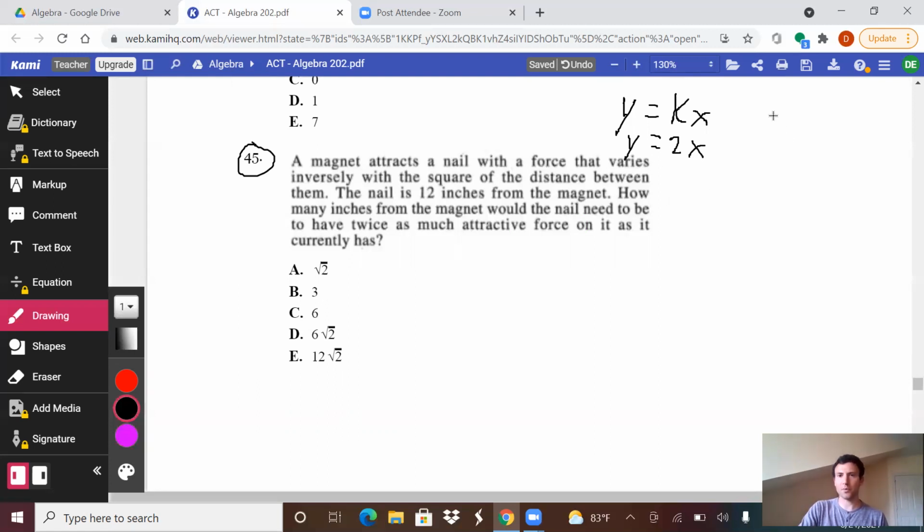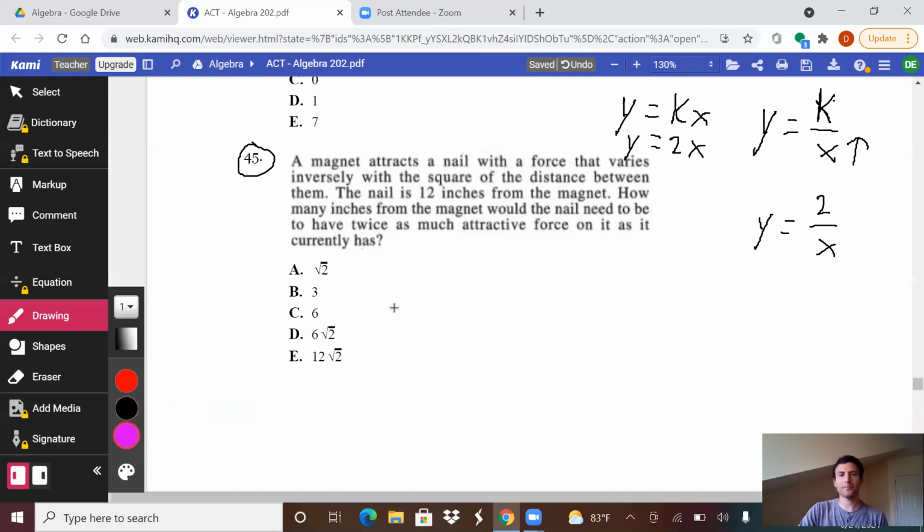Well, an inverse proportion would be y equals k divided by x. Now as x goes up, y is going to go down, right? Because k is a constant. So if k were something like 2, as x gets higher and higher, y is going to get lower and lower.